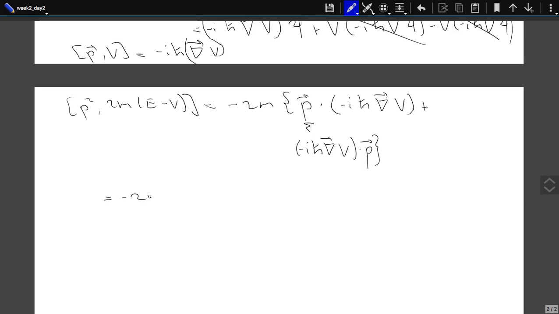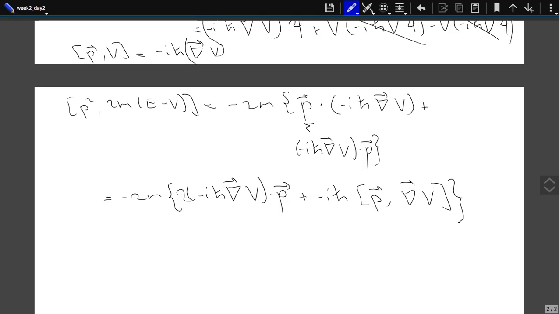So this is equal to minus 2m, twice minus i h bar gradient of V dot p, plus minus i h bar the commutator of p and gradient of V. But we had just calculated that the commutator of p with any function is the gradient, or the divergence, of that function.